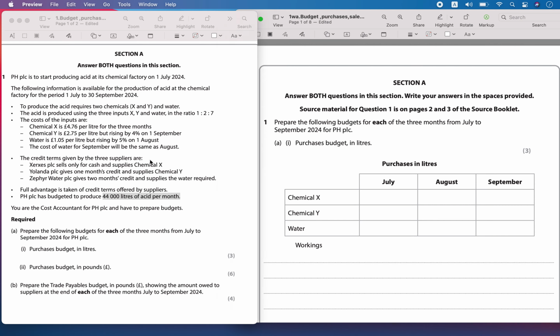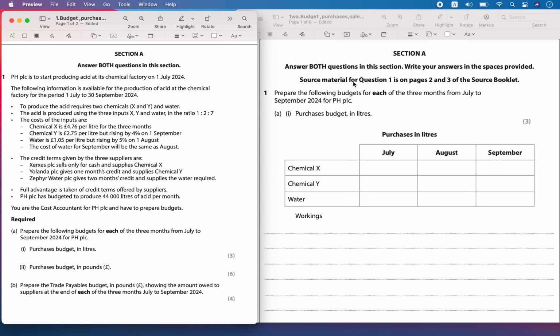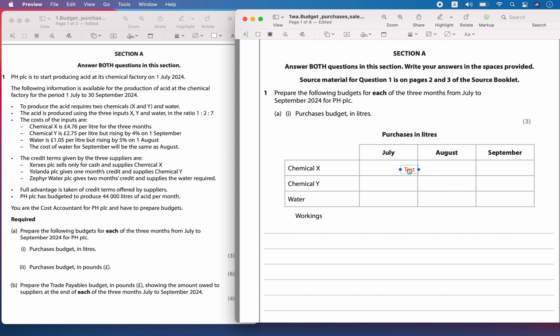For the month of July, I see that the proportion is given. The total of that proportion, the total ratio, is equal to 1 plus 2 plus 7, that is equal to 10.